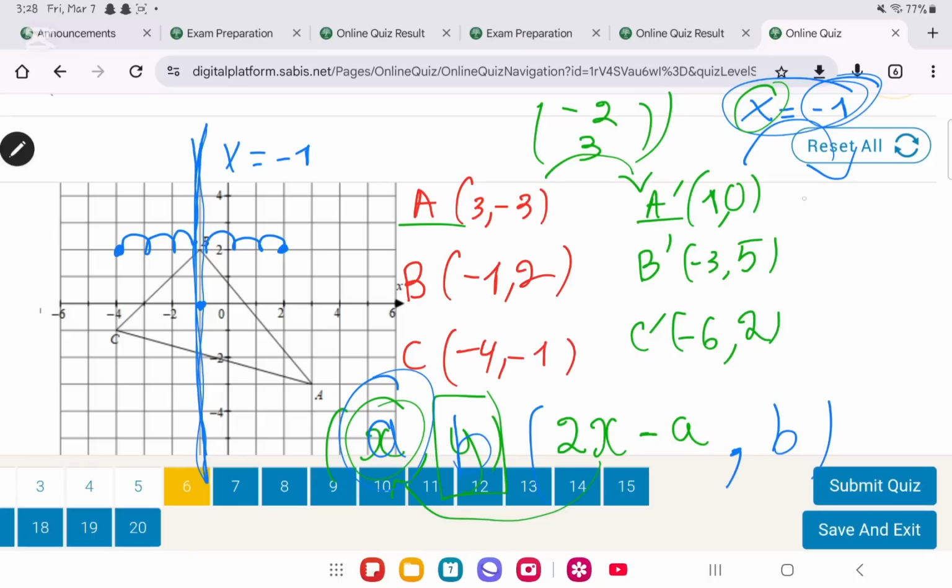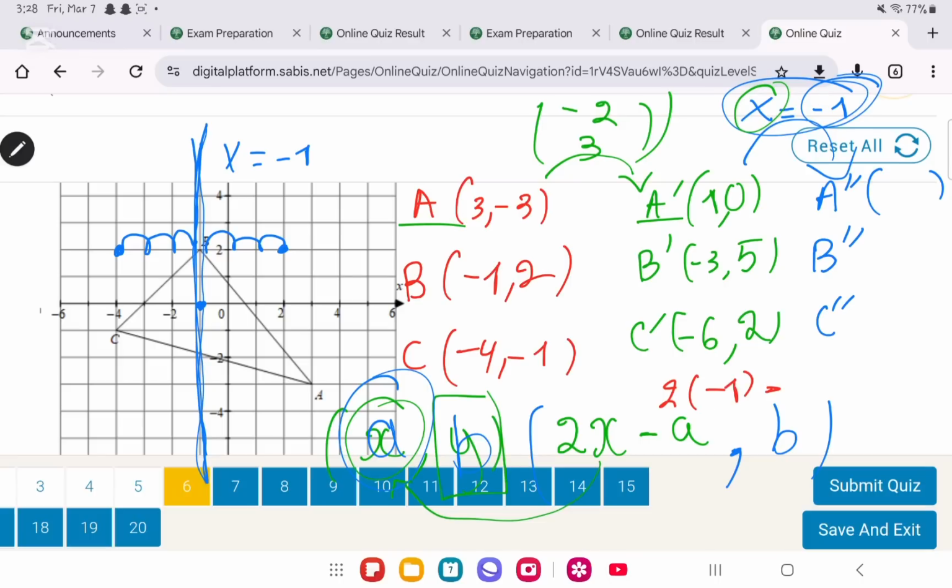So to move from A prime to A double prime, from B prime to B double prime, and from C prime to C double prime, let us see what will happen. The x changes by doing 2 times minus 1 minus the a.